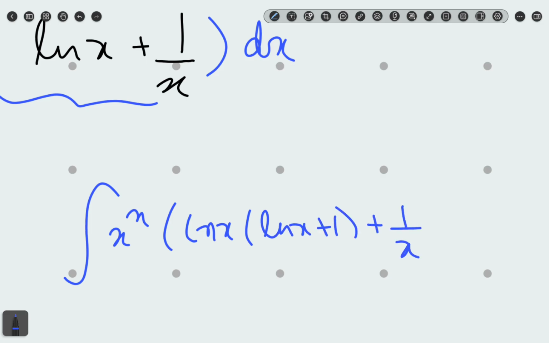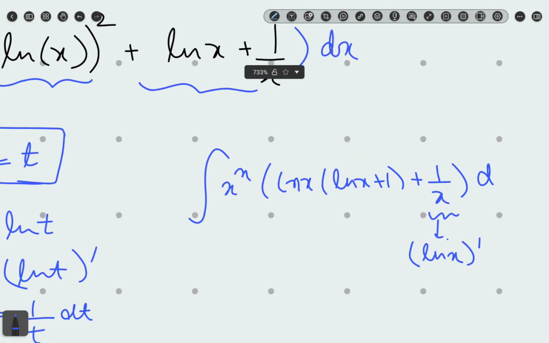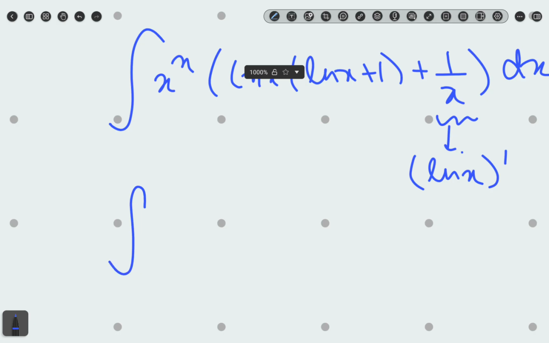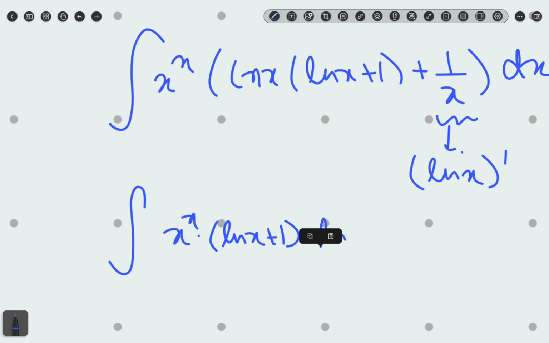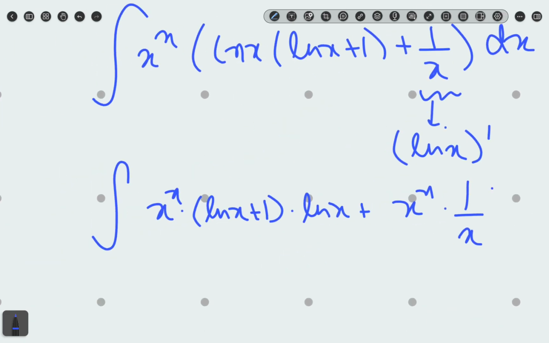Plus 1 by x, this also motivates us to do this because 1 by x is the differentiation of ln x, right? So we can write this integral as x to the power of x into ln of x plus x to the power of x into 1 by x, right?